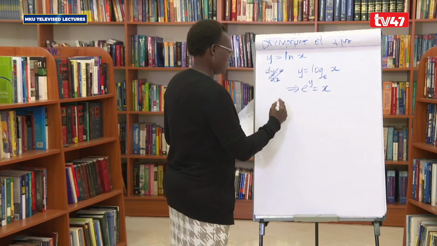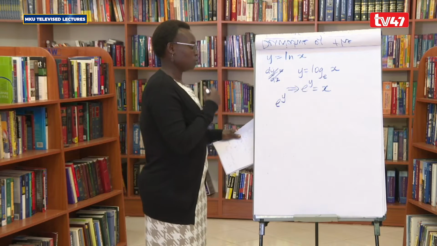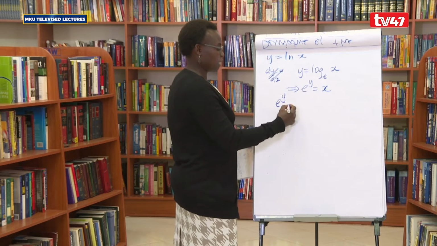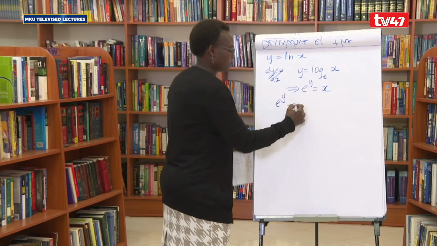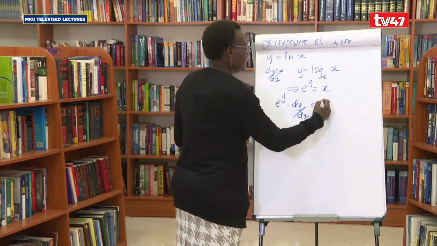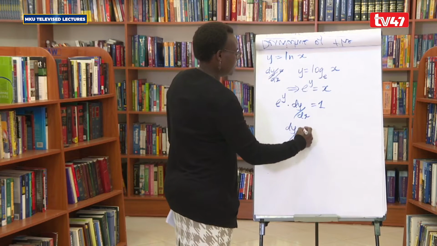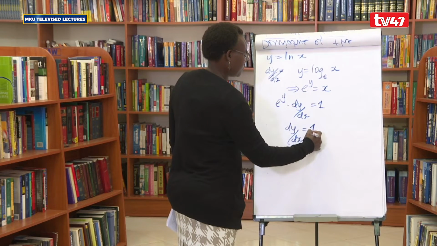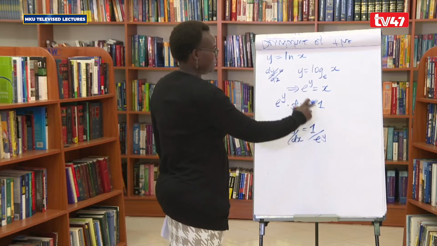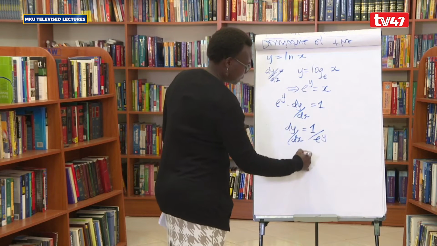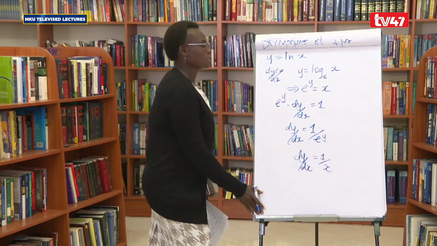This will give us, remember that the derivative of the exponent is the original function times the derivative of the exponent. Our exponent here is y, but we need to remember that we're differentiating with respect to x. So that would give us dy over dx, and then this side will have 1. So that implies that our dy over dx is actually 1 over e to the y, but we have said that e to the y is equal to x. So that implies that our dy over dx is actually 1 over x.